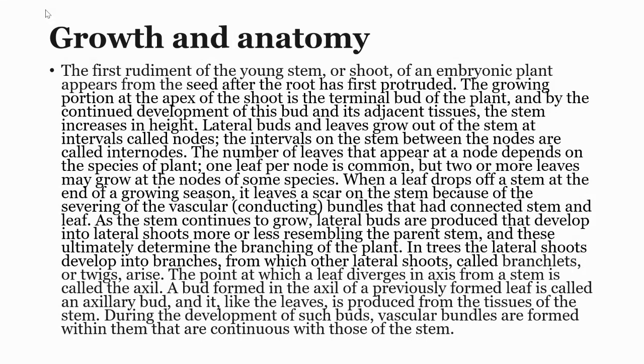The point at which a leaf diverges in axis from a stem is called the axil. The bud formed in the axil of a previously formed leaf is called the axillary bud, and like the leaves it is produced from the tissue of the stem. During the development of such buds, vascular bundles are formed within them and are continuous with those of the stem.